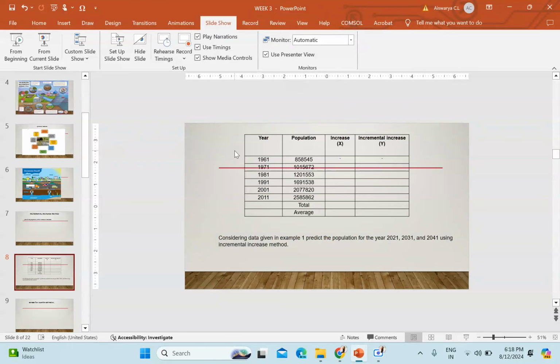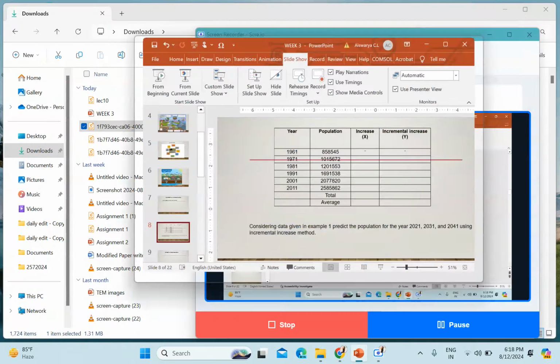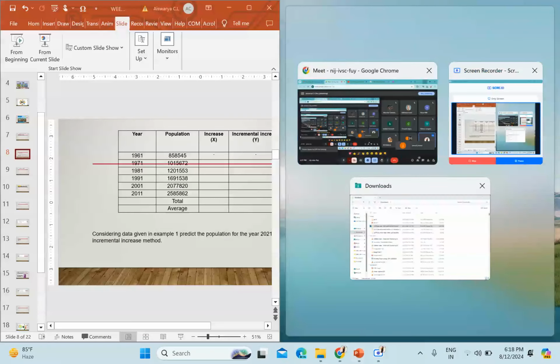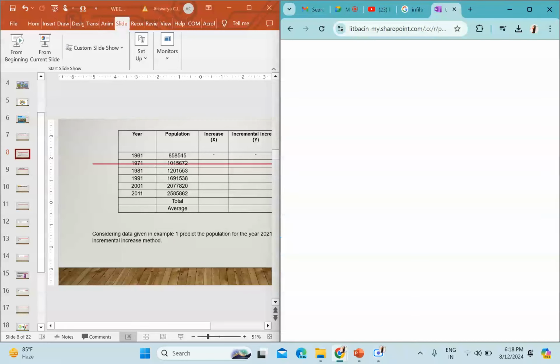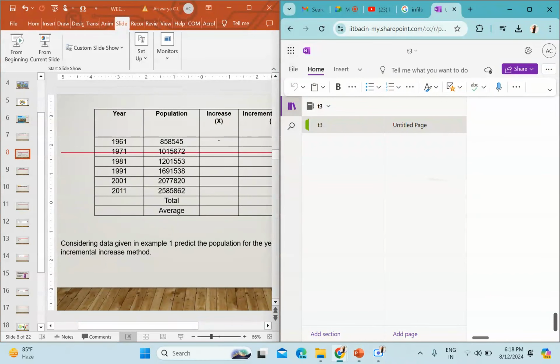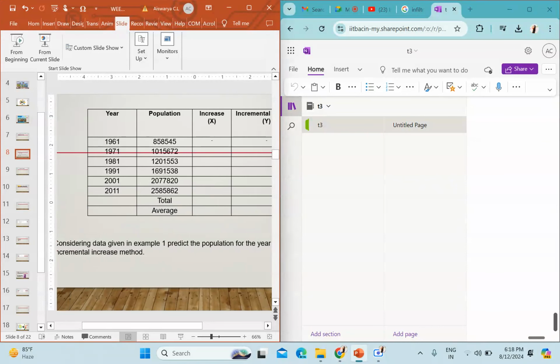I will show you how to do it. If you can, also take some paper and write it down. You have already learned this method. So this is first 1961 to 2011.